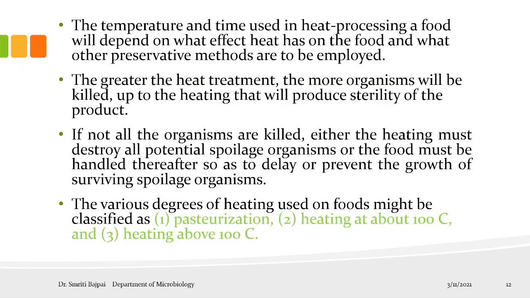If not all organisms are killed, either the heating must destroy all potential spoilage microorganisms, or the food must be handled thereafter so as to delay or prevent the growth of the surviving spoilage organisms. So this way the heat treatment is very important and it can sterilize or preserve the food for a very long duration. For better understanding, we will see how we are using this heat for the preservation.